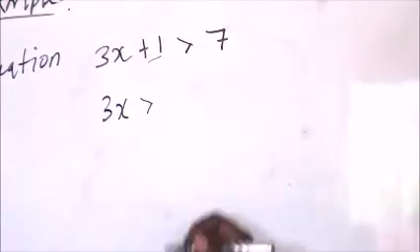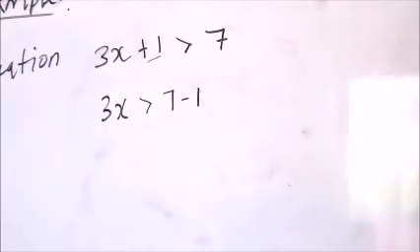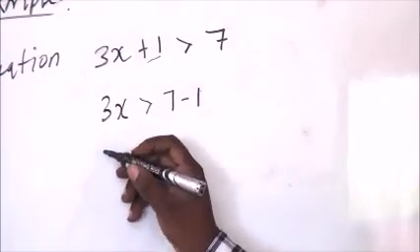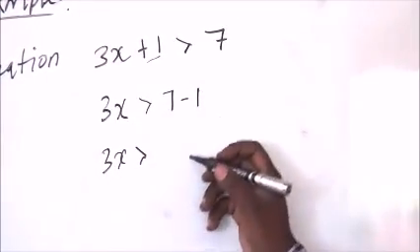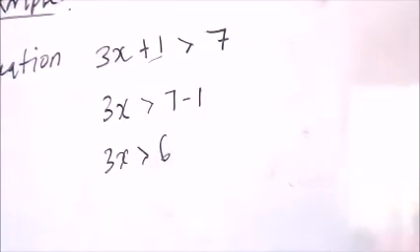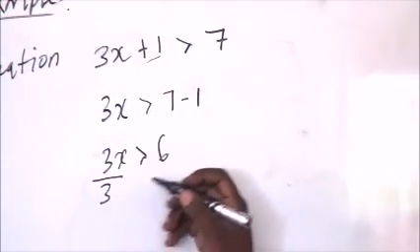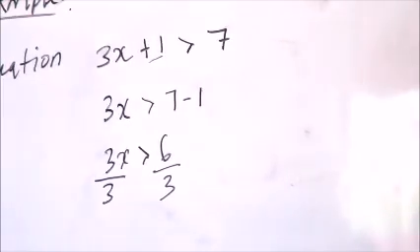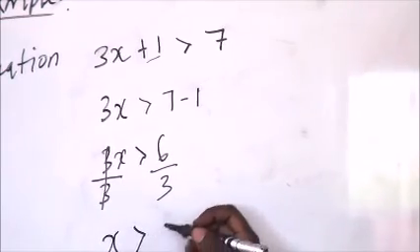It's going to be a minus. It's going to be 7 minus 1, like this. And thereafter, we'll say 3x is greater than 7 minus 1, the result is going to be 6. And therefore, I will divide both sides by 3, and my final answer will be x greater than 2.